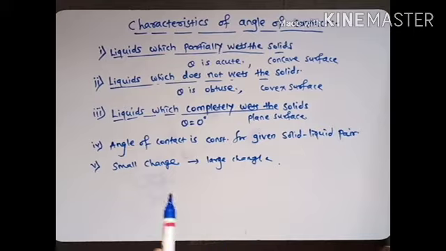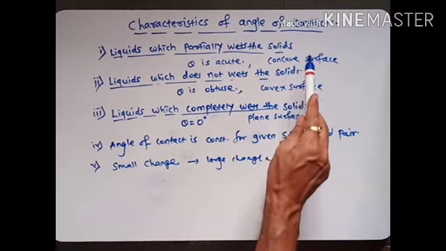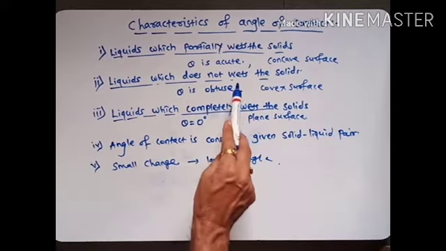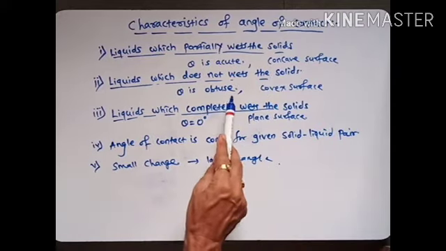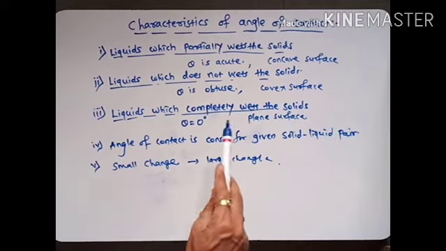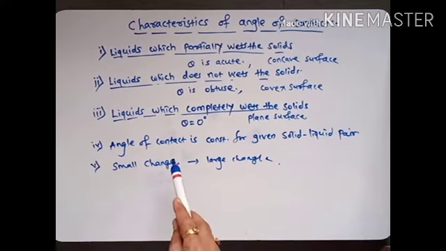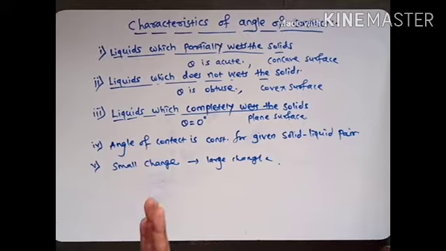I will again explain. Liquids which partially wet the solid, theta is acute, we get a concave surface. Liquids which do not wet the solids, theta is obtuse, we get a convex surface. Liquids which completely wet the solid, theta equal to 0 degree, we get a plane surface. Angle of contact is constant for a given solid liquid pair. Suppose we consider glass and water, then angle of contact is constant. If you consider glass and kerosene, again angle of contact changes.